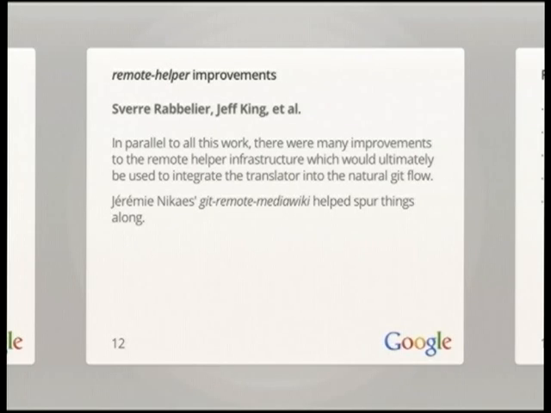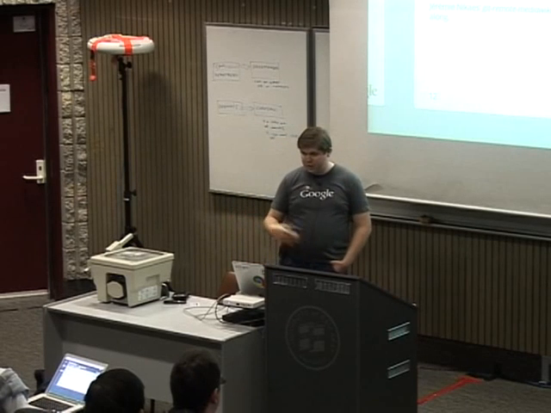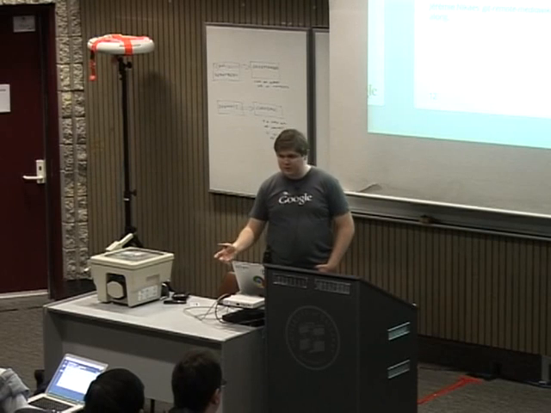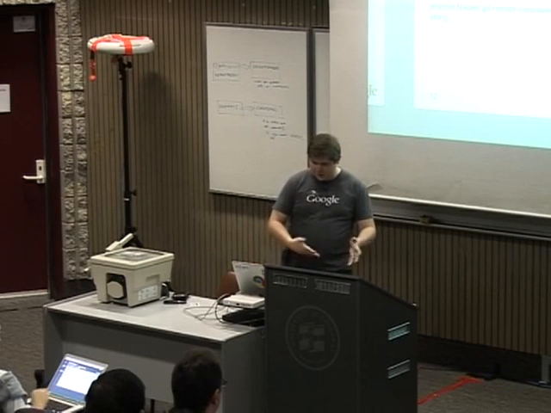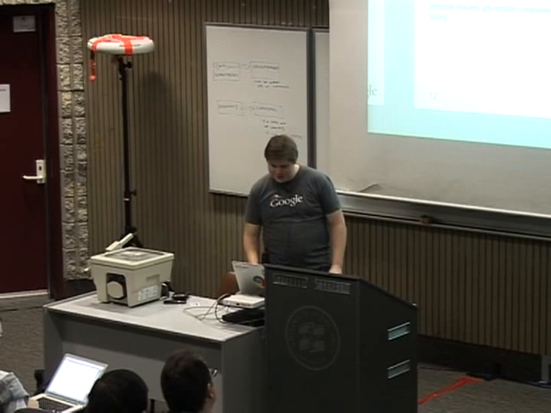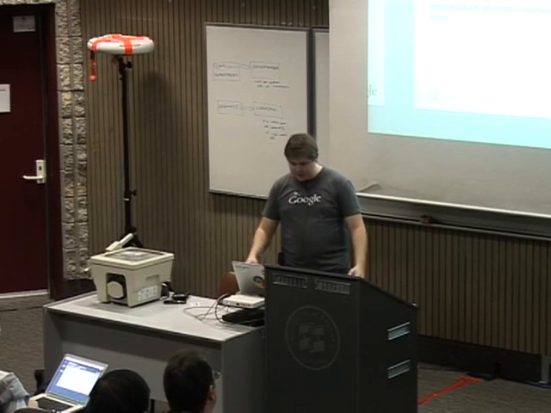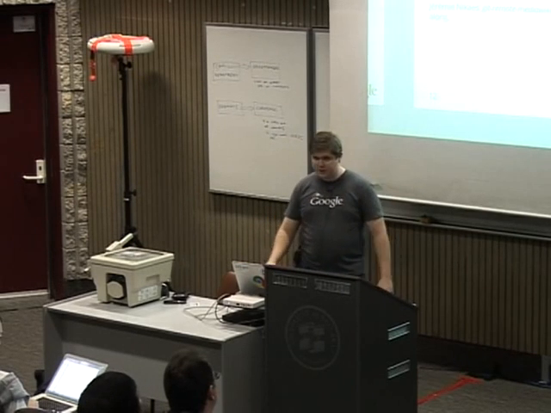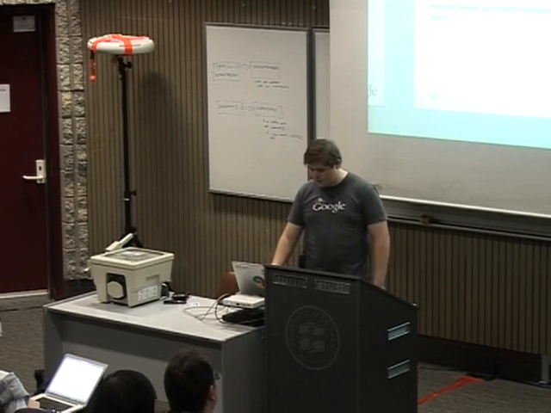One of the things that helped push that effort along was Jeremy coming along with a sample implementation of Git Remote MediaWiki, which is just a simple Python script that talks to the MediaWiki web RESTful APIs and translates the wiki history into a Git-friendly shape. So you could just check out the wiki, commit, and push to it, which is pretty cool. His work there helped find a whole bunch of edge cases in the protocol that were necessary to address to support a wide range of applications.